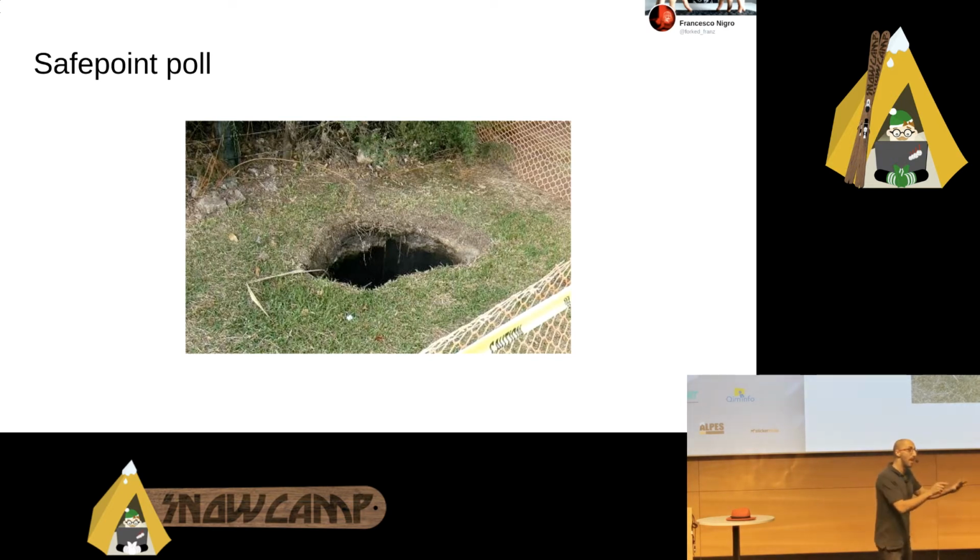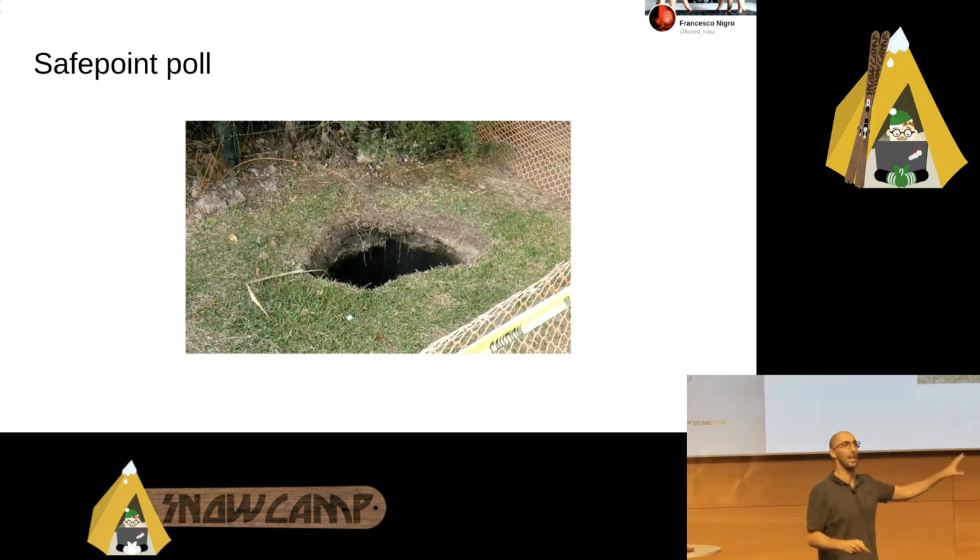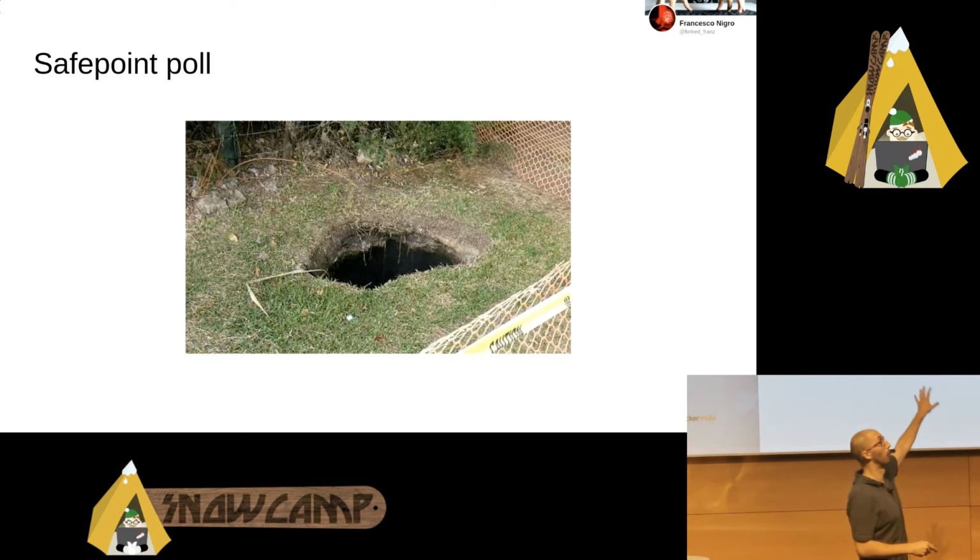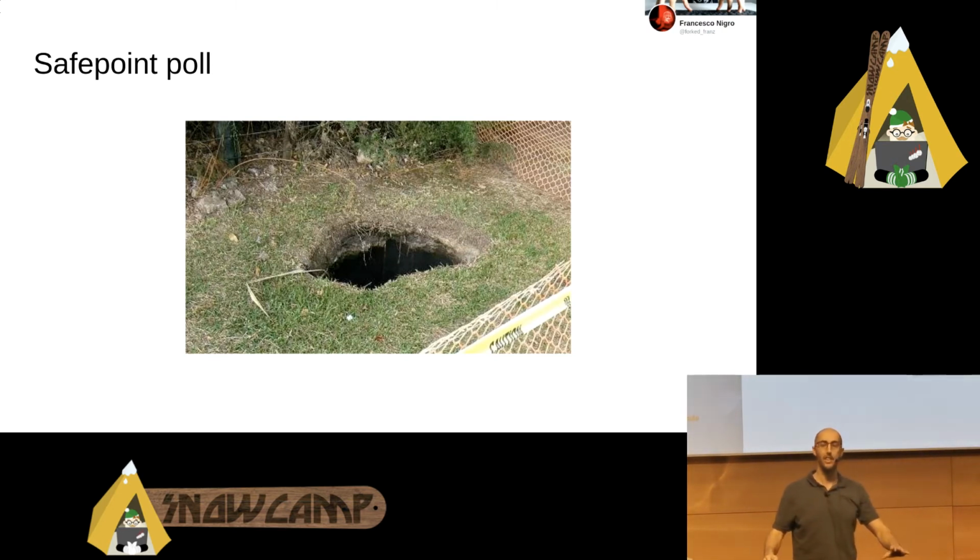Okay? When every thread of your application arrives at its own safepoint, because each thread has its own safepoint poll, that's the name of the trap, then the JVM says, okay, we are all together at a safepoint.